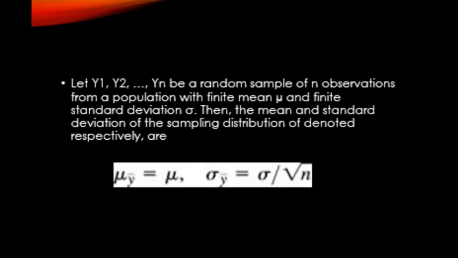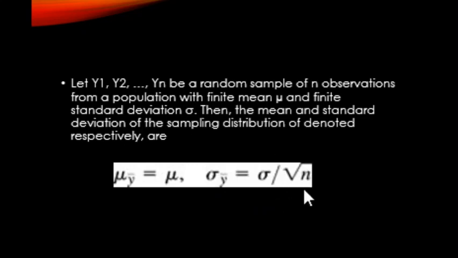Also, the mean and standard deviation of this sampling distribution can be given by mu y bar. So mu of the y bar mean is equal to the population mean mu. And the standard error of this sampling distribution, sigma y bar, is equal to sigma divided by square root of n.